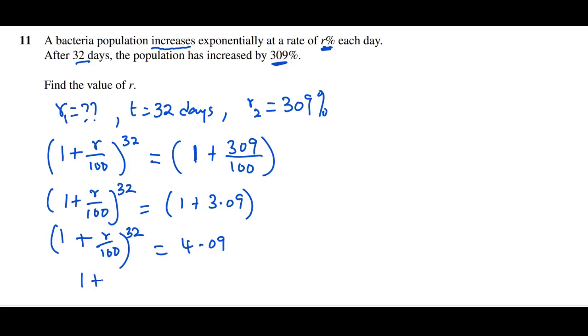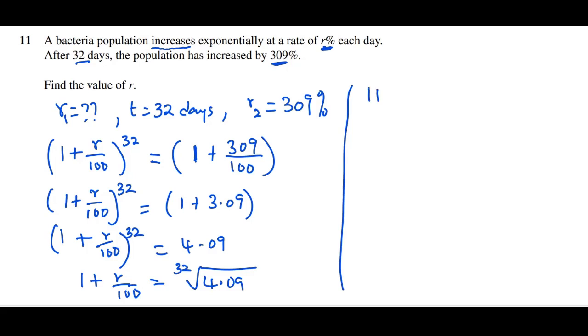So 1 plus R over 100 equals the 32nd root of 4.09. It gives us 1.045. So we subtract 1 from both sides.